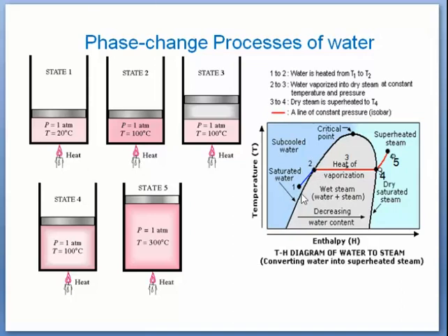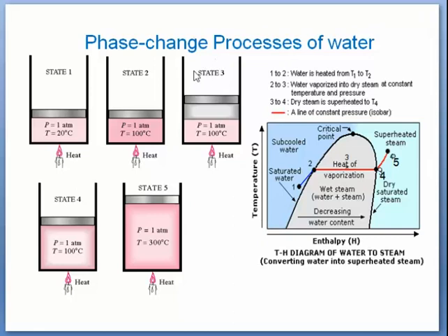Sensible heating means the phase remains same and the temperature changes. So you can see from here that at point 1 the temperature was 20 degrees centigrade. At point 2 it has become 100 degrees centigrade, means all the molecules of liquid water has attained a temperature of 100 degrees centigrade, that is saturation point at 1 atmospheric pressure.